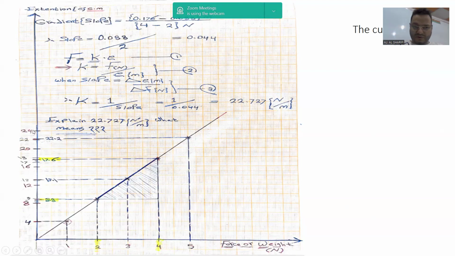Until 24. After that, between them, I divided my numbers: 8.8, 13.1, 17.6, 22.2. Now it's easier, I think, because the most difficult thing for students is how you can divide the x-axis and y-axis. After that, the rest is easier.